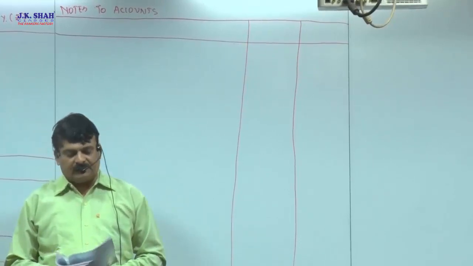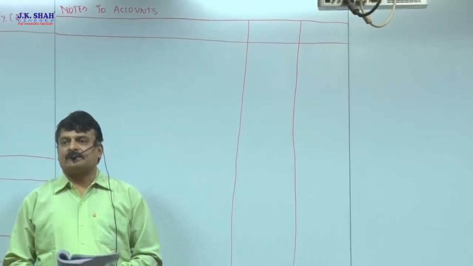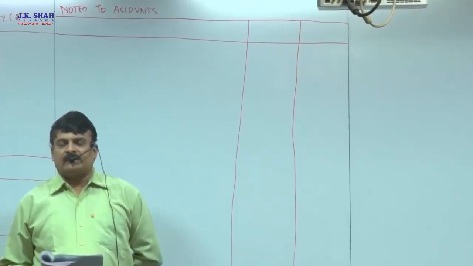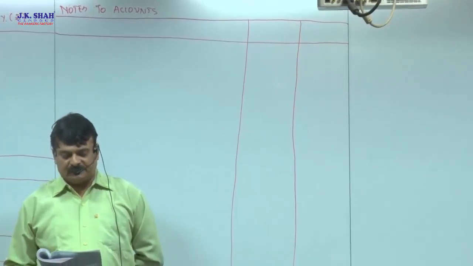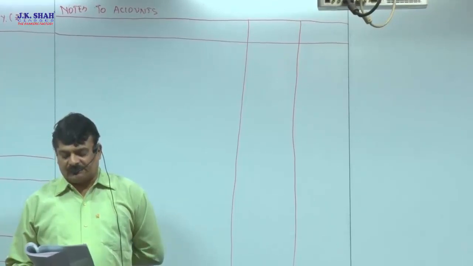In that subhead A, short-term borrowings. B, trade payables. C, other current liabilities.